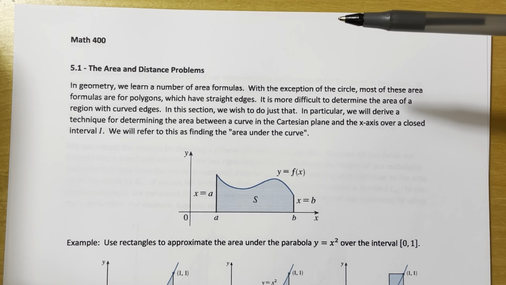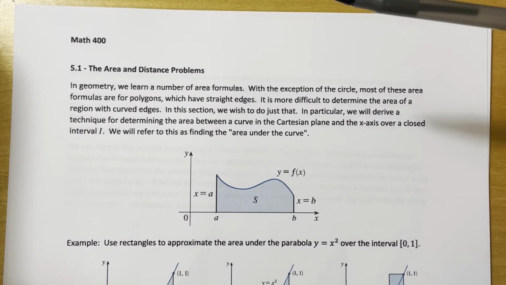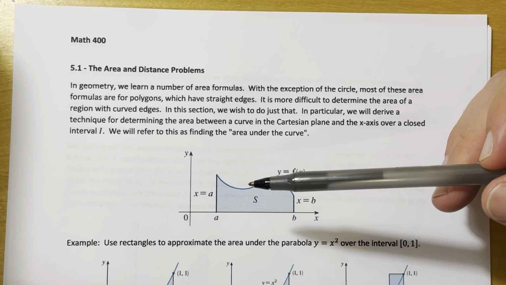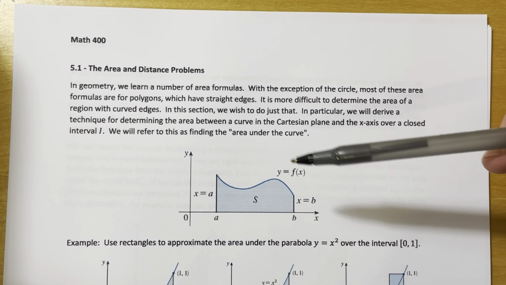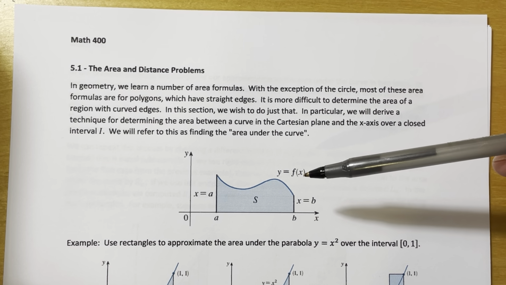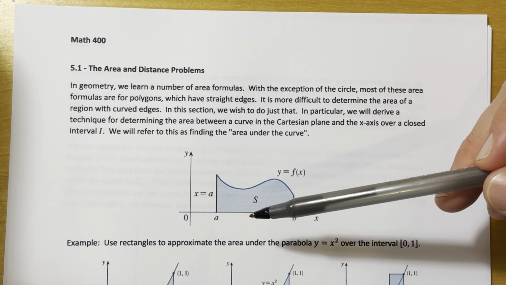But a little bit more specifically, we're not just looking at curved shapes. What we're doing is we're finding the area between a curve in the Cartesian plane, so a curve that's given by a function, specifically the area between that curve and the x-axis.